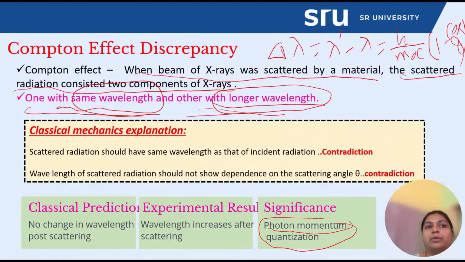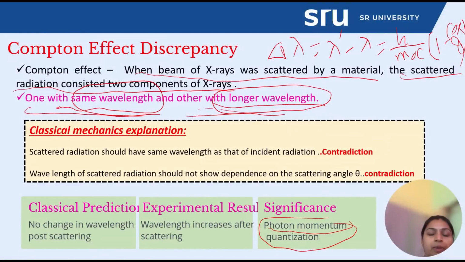So we can conclude here that the Compton effect was another nail in the coffin for classical electromagnetism, and it proved that light cannot be fully described as a wave, and that quantum mechanics is essential to understand microscopic phenomena.